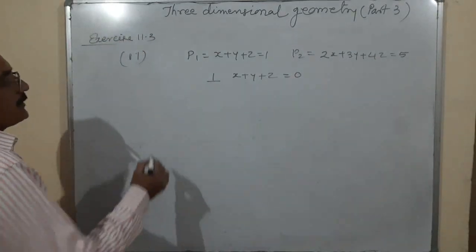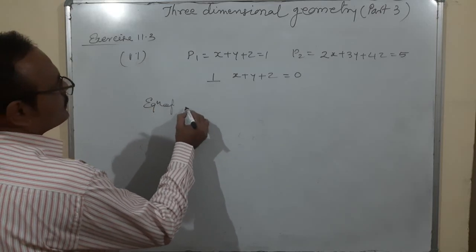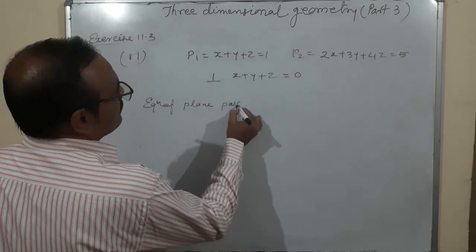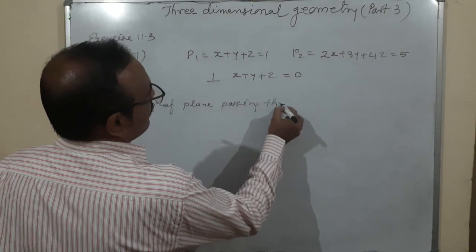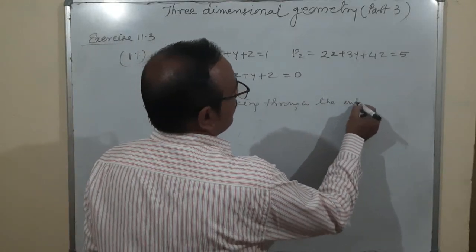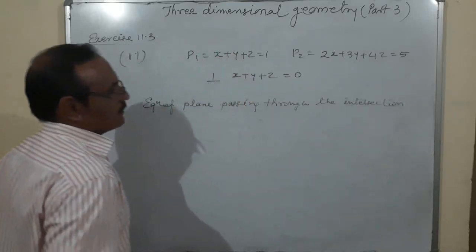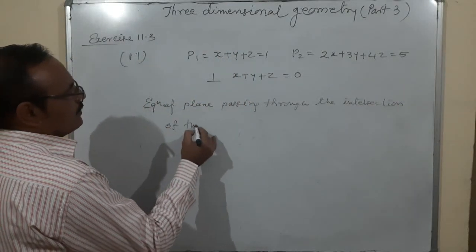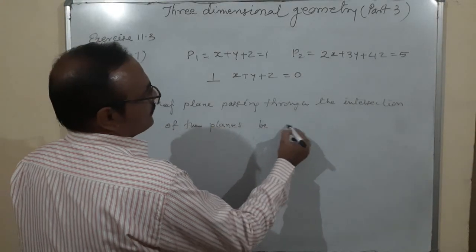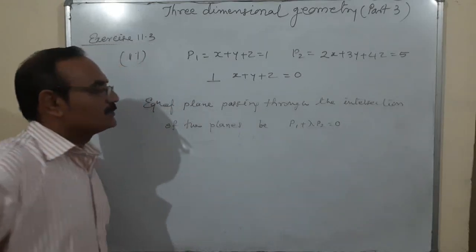So the equation of the plane passing through the intersection of two planes is P1 plus lambda P2 is equal to 0.